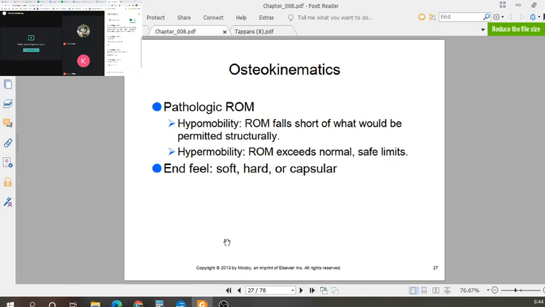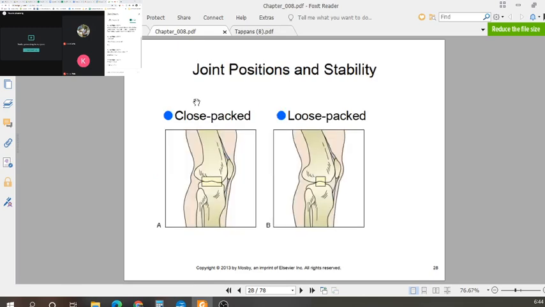Next, talking about stability of the joints, the position of the joint makes it either open or loose, or closed. And you'll have more stability in a closed position, which is aka locked. So the elbow has more stability in extension. Does that make sense? It is at its end point. So if you put force on it, bam, it can withstand more without risk of injury.